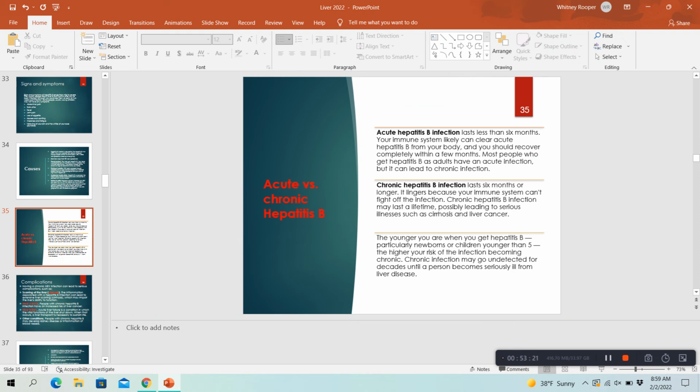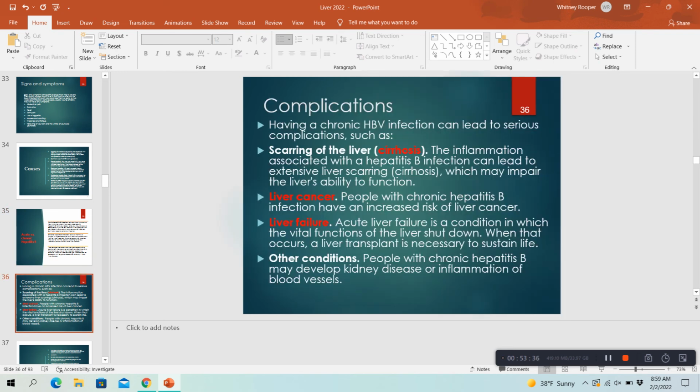When little kids get Hep B, they usually become chronic. Complications: scarring of the liver, again, cirrhosis. Hepatitis, you think of it and you don't think it does anything, but it really can do a lot of damage to people.